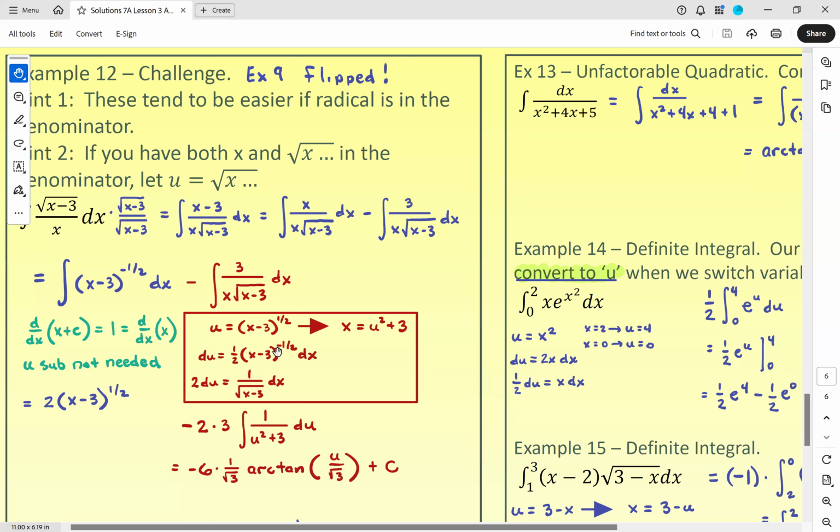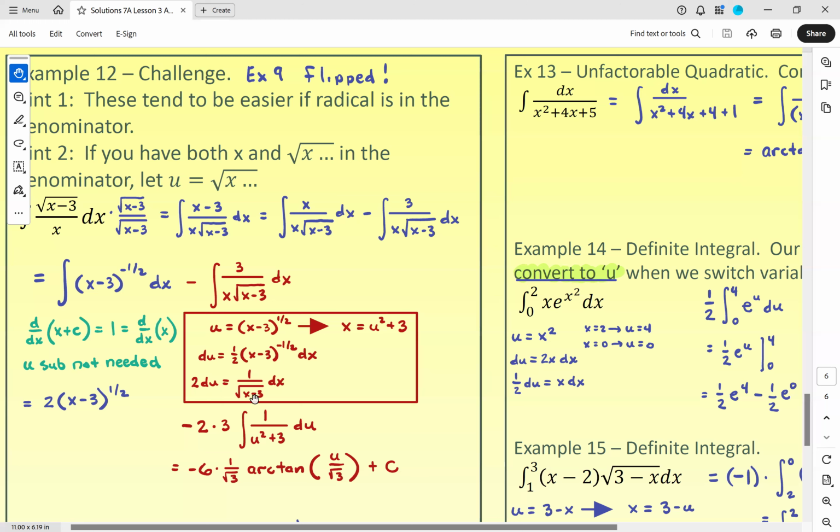I also have the 1/2 in front. But I can rewrite that as 1 over root x minus 3, which with a dx lines up really nicely with what we're seeing for a good portion of this integrand: dx over root x minus 3. Now I know what to do with it. I did have to move a 2 over, but I'm not so worried about that portion of it.